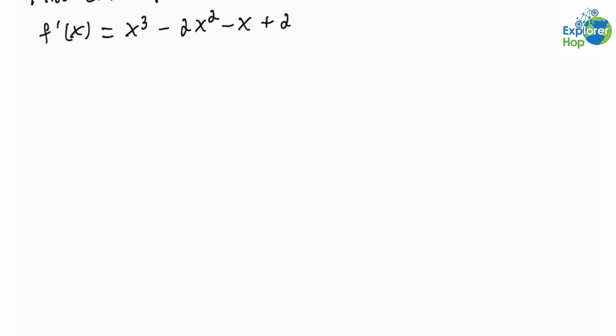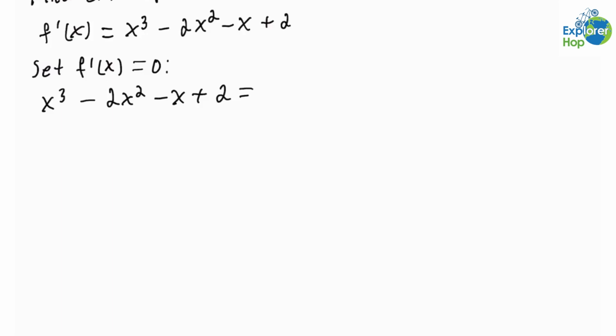Now we can set the derivative of f of x equal to 0. And we get that x cubed minus 2x squared minus x plus 2 equals 0. And we can factor this polynomial by grouping.